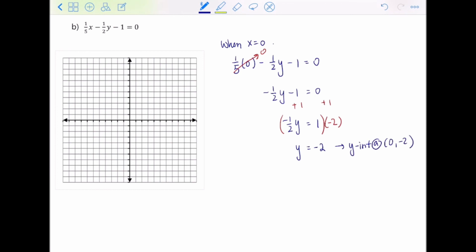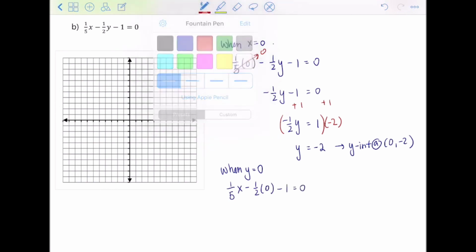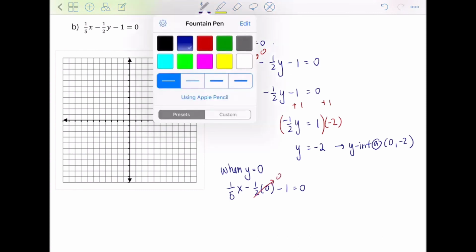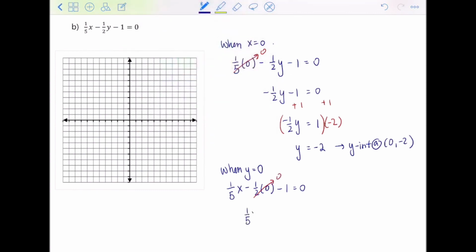So let's take a look at the x-intercept this time. When y equals 0, we can find the x-intercept. So let's plug in y equals 0. So 1 over 5x minus 1/2 times 0 minus 1 equals 0. This goes to 0. We're left with 1 over 5x minus 1 equals 0.